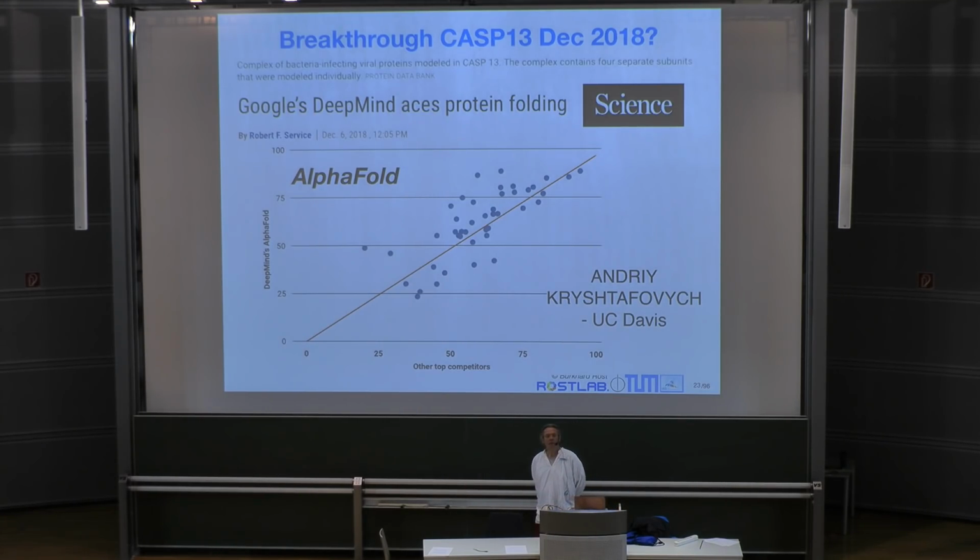How do you measure quality? At the end, what you get is an experimental three-dimensional structure. And for this experimental structure, you measure how different, in something that is related to a root mean square deviation, every single residue is from the one that you predicted.